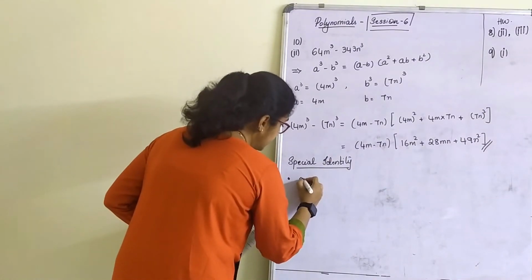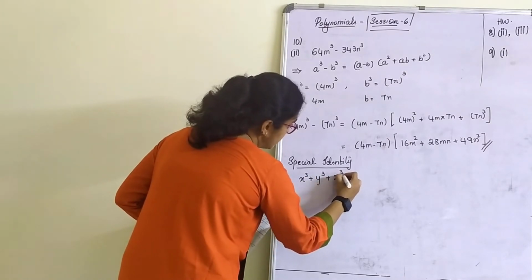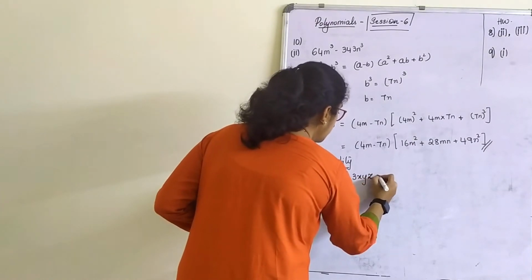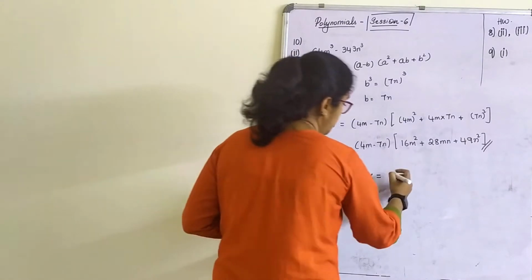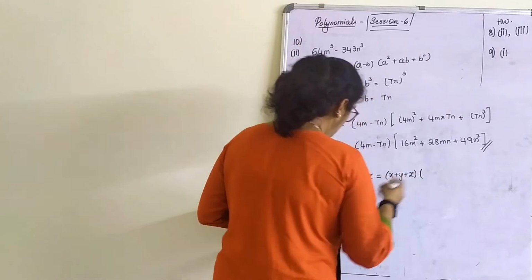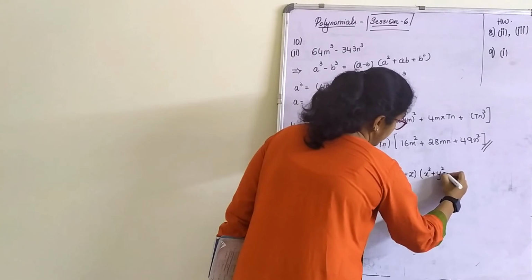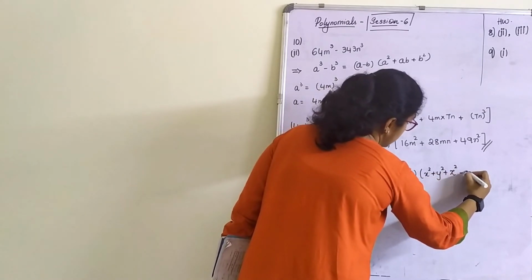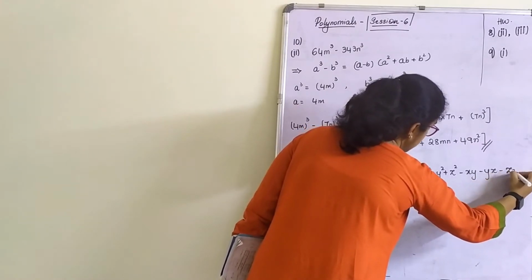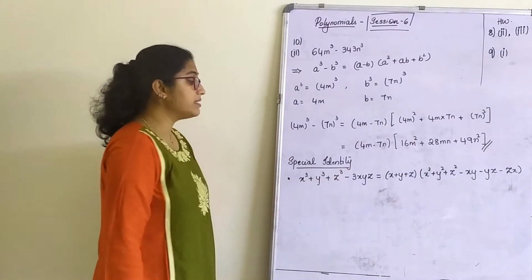This identity is x cube plus y cube plus z cube minus 3xyz is equal to x plus y plus z of x square plus y square plus z square minus xy minus yz minus zx.